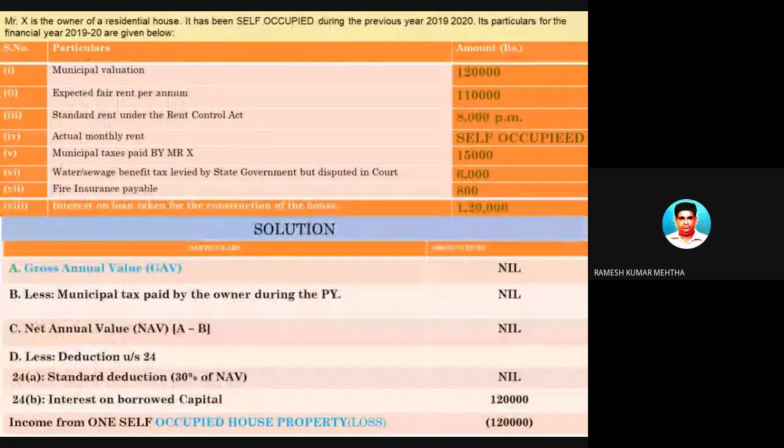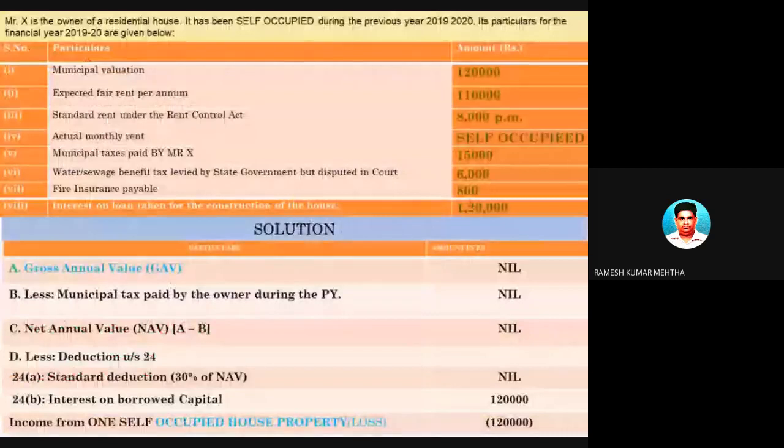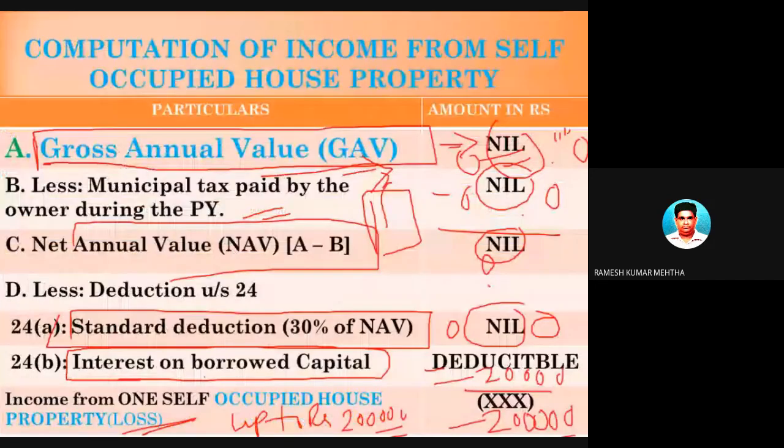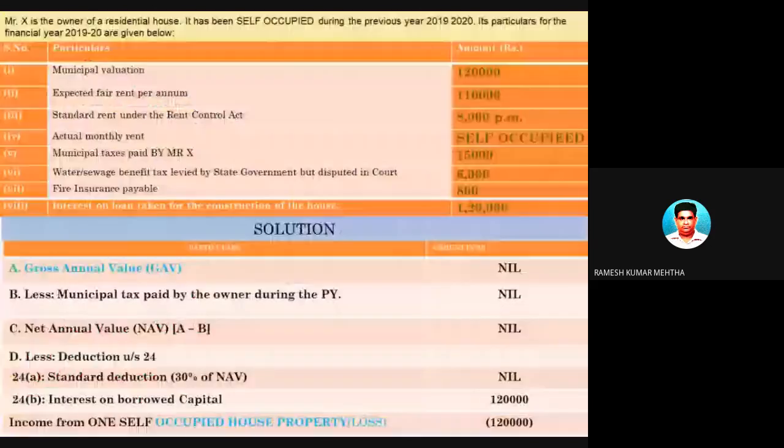Number two, expected fair rent per annum is 1,10,000 rupees. Number three, standard rent under the Rent Control Act is 8,000 rupees per month. Number four is the actual rent at which it has been let out.